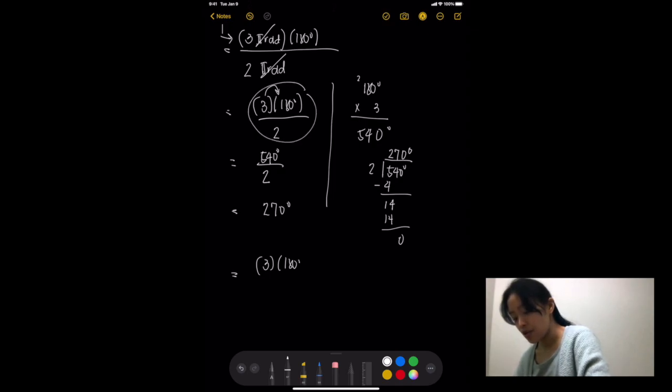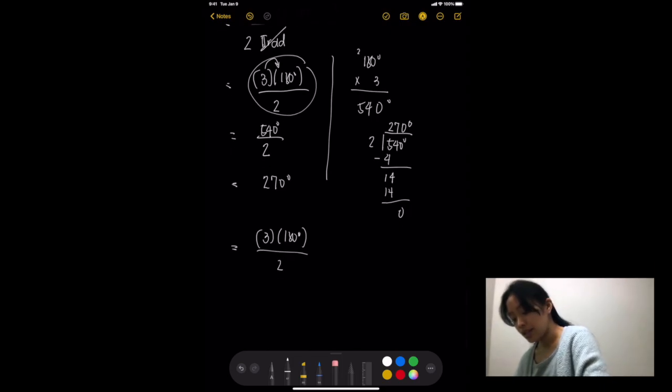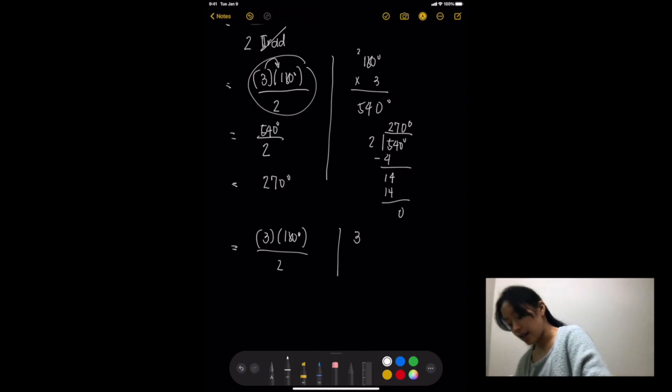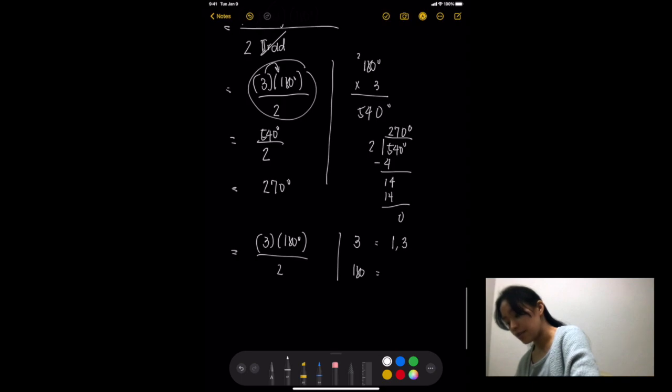So I know that, let's come back here to this line. 3 times 180 degrees divided by 2. Okay, so between 3 and 180 degrees, which do you think has a factor of 2? So I can list down the factors of 3 and 180 degrees.